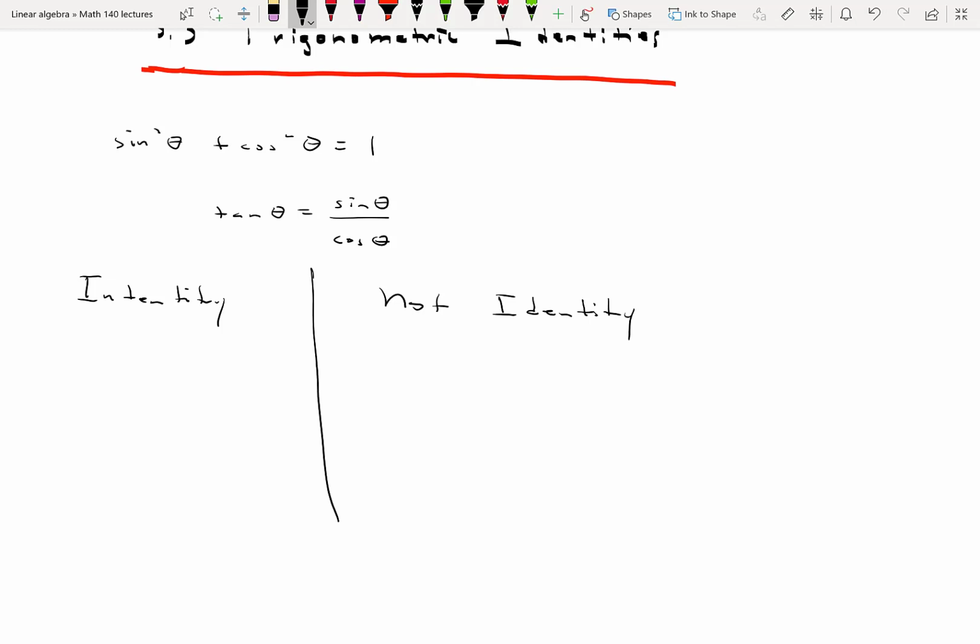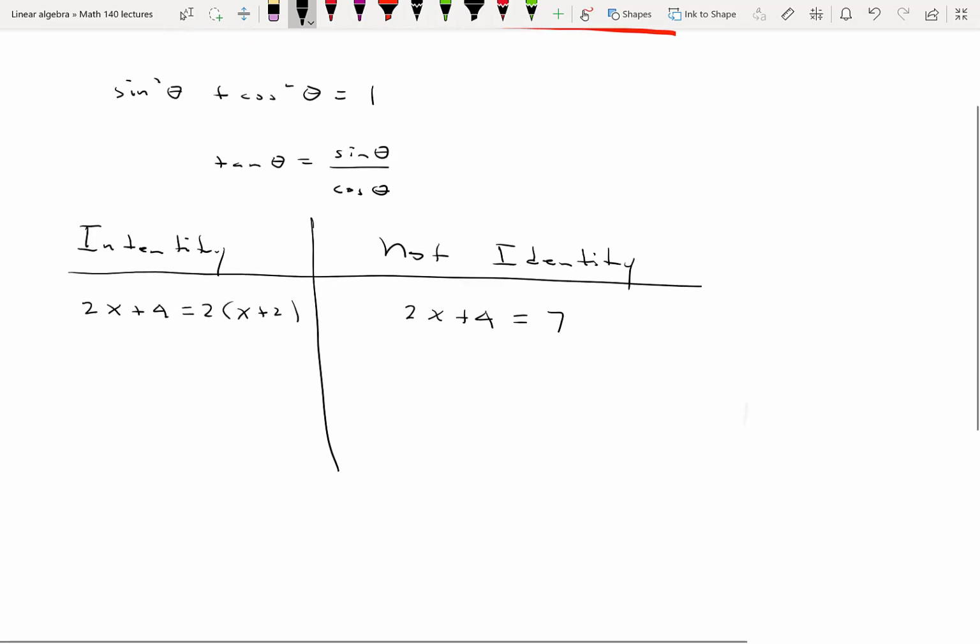An identity might be something like, from algebra, 2x plus 4 equals 2 times x plus 2. This is considered an identity. What's not an identity might be something like 2x plus 4 equals 7. So what's the difference between these 2 equations?